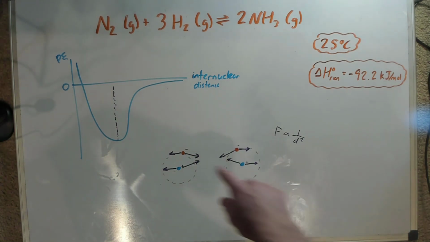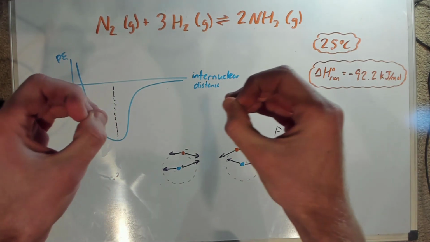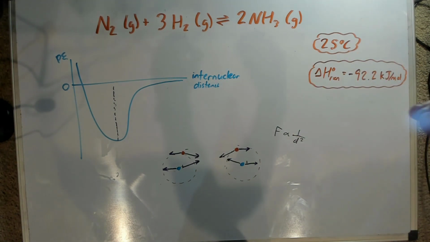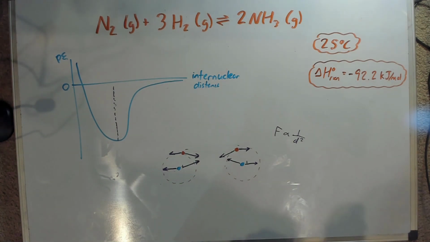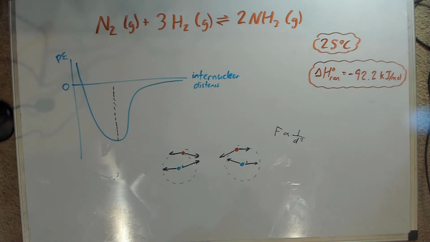And then what happens is, as you separate them, the attraction forces will start to take over instead of the repulsion ones, which means it actually takes energy to pull them away, kind of like pulling a rubber band. The more you pull it, the more it tries to pull back on you and come back together.